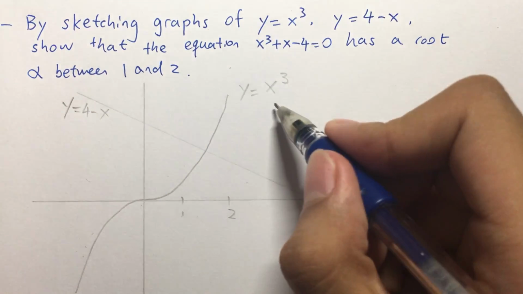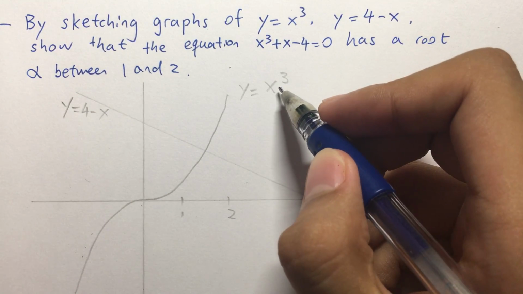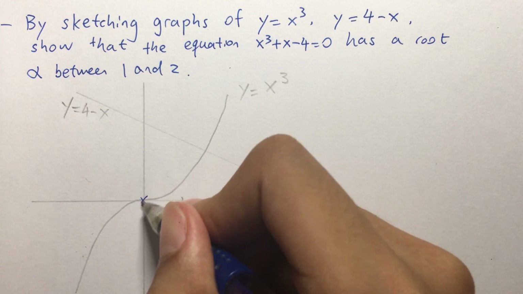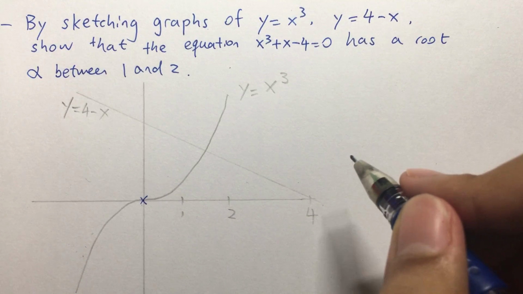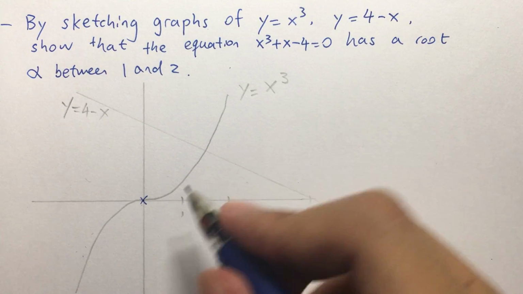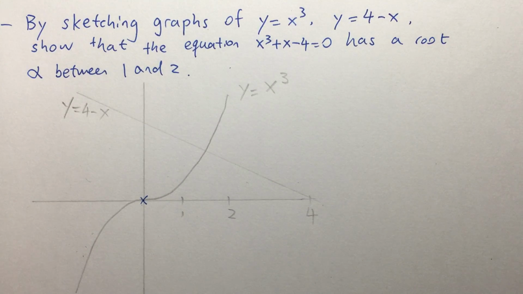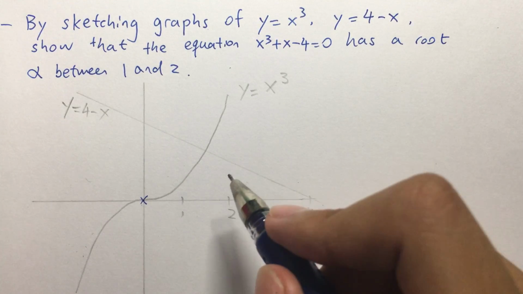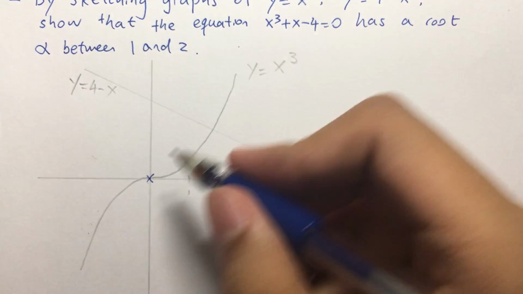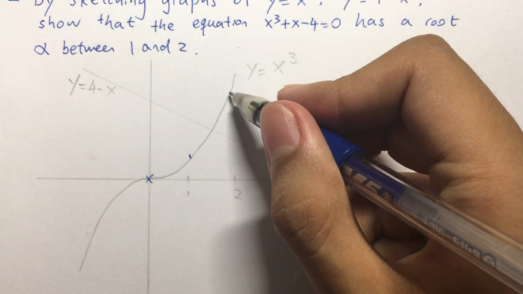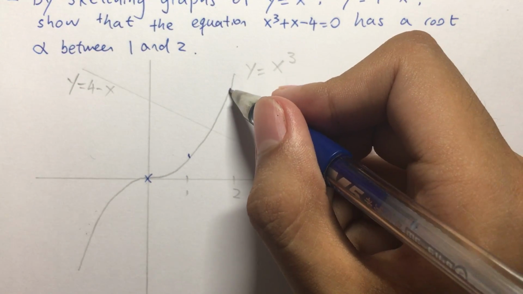Firstly, for y equals x cubed, we place the point here because when x equals 0, y equals 0, and this is the only point of intersection on the x-axis, and the same for the y-axis. So 1 is here, and 2 should be 8 here.